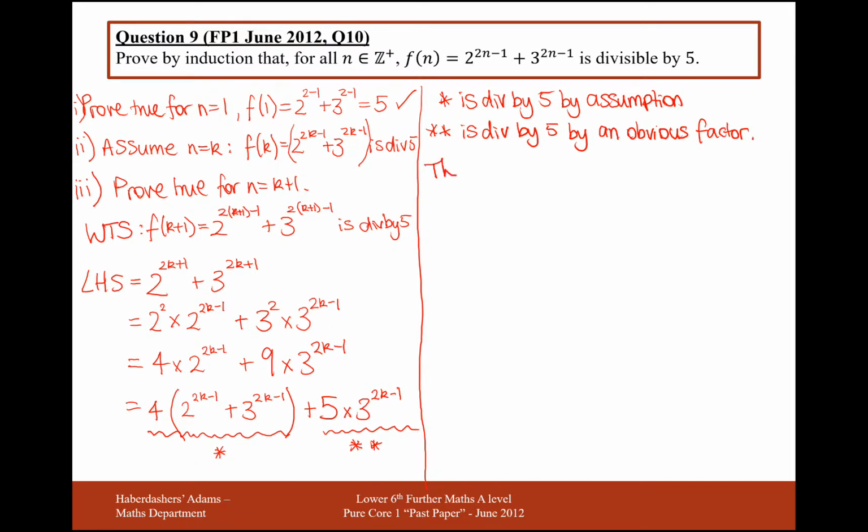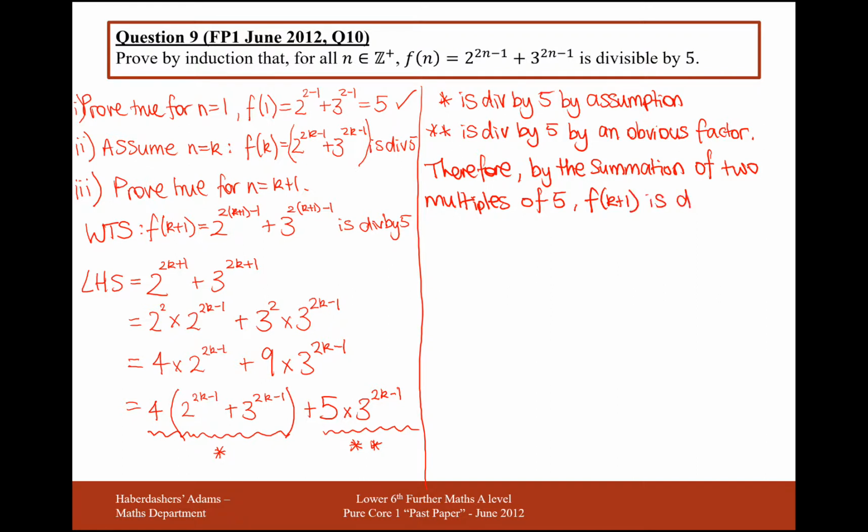So therefore, by the summation of two multiples of 5, f of k plus 1 is divisible by 5, which is what we had on our right hand side of our want to show.